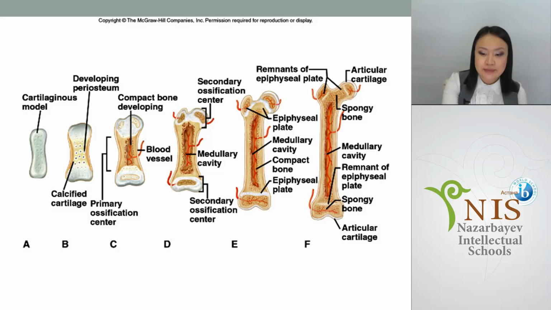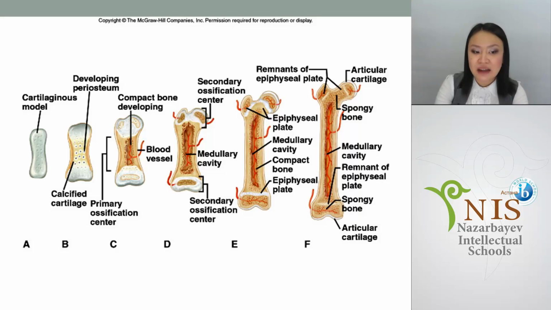Okay, look at this. You see here pictures labeled A, B, C, D, E, F. First you have the cartilaginous model. It is cartilage. Then in B you see a small part which starts to ossify, calcified cartilage.